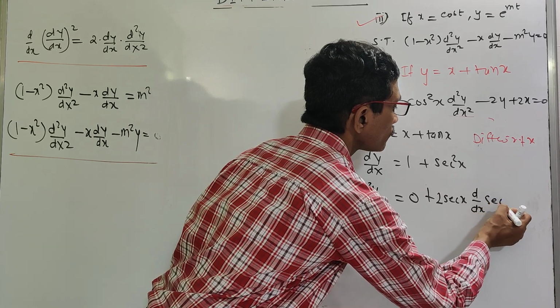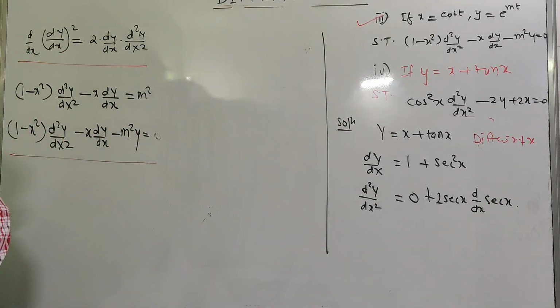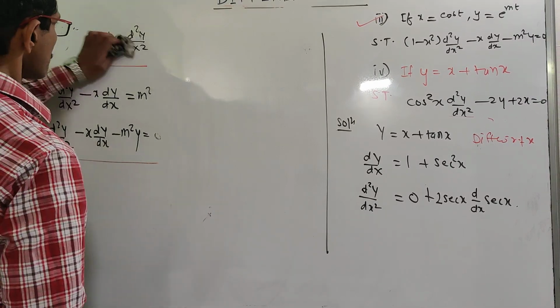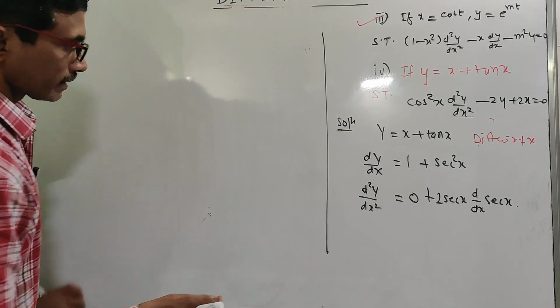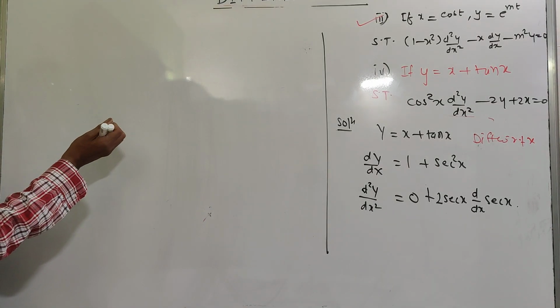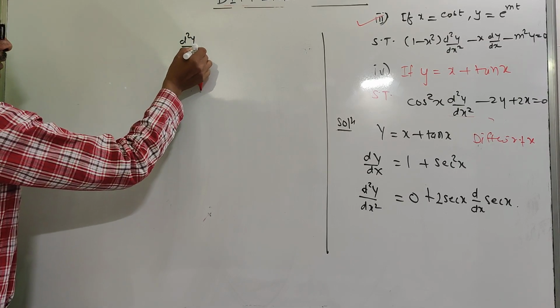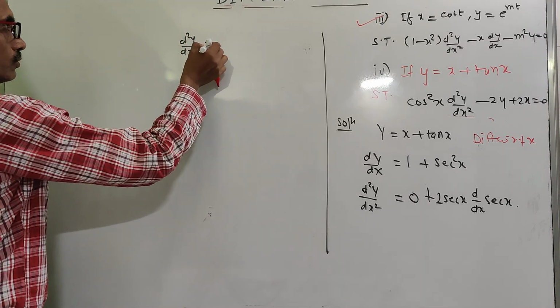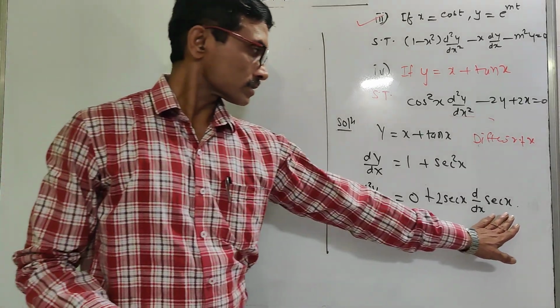So that is equal to, derivative of sec x is what? Sec x tan x. So we'll write that d square y by dx square equals 2 sec x and derivative of sec x is sec x tan x.